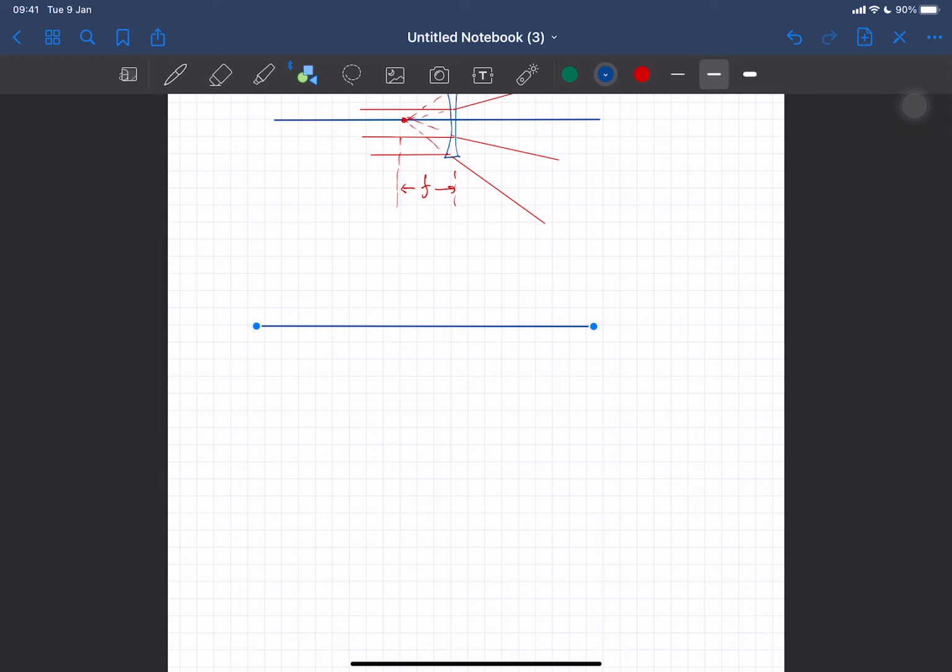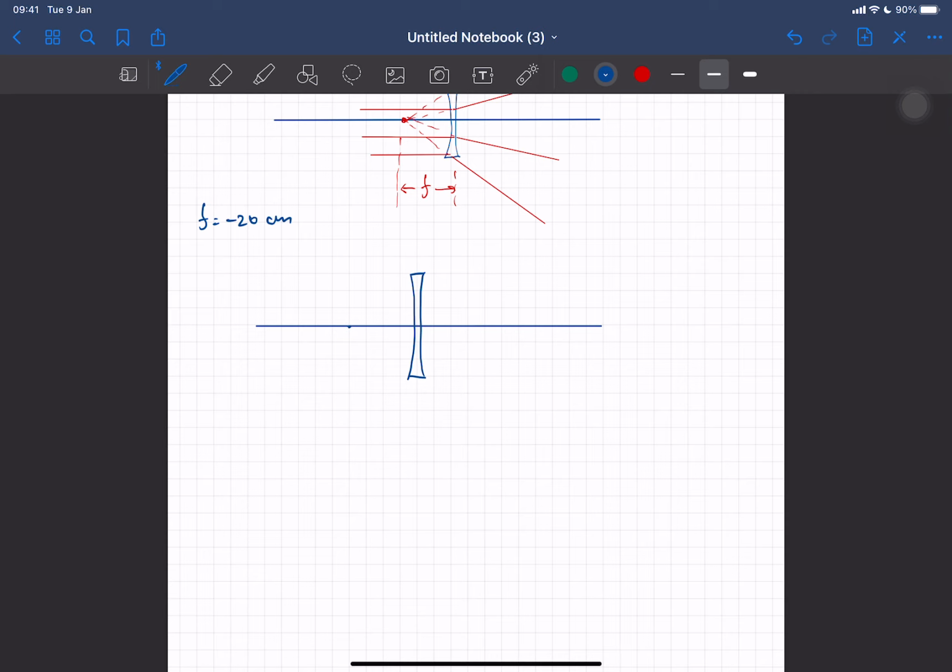So let's say we have a situation where the lens has f equal to minus 20. So we know it's a diverging lens. Let's say we have the lens here. Okay, and let's indicate the focal point.